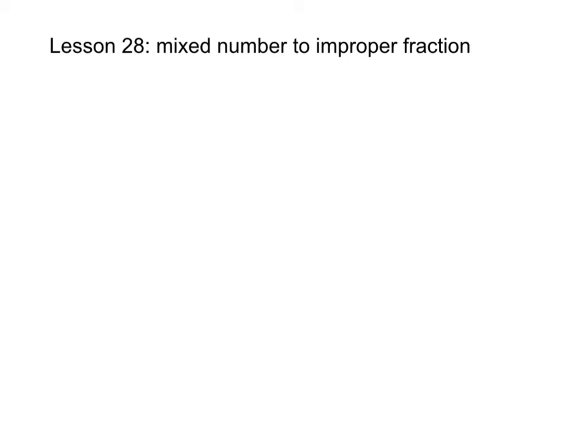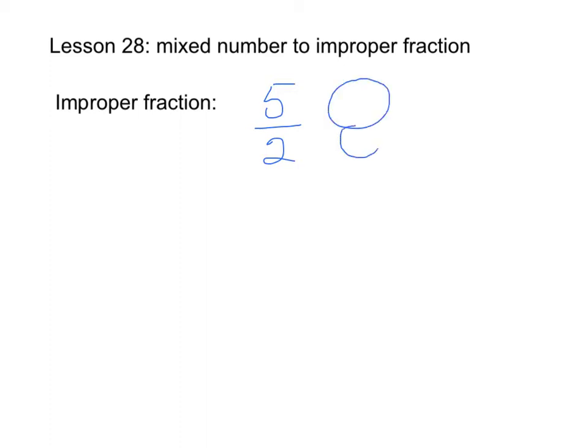So previously, in the previous lesson, we talked about what an improper fraction is and what a mixed number is. So I'm just going to do a quick review on that. The improper fraction was what we called the upside down snowman, where the snowman's body was on top of its head. He doesn't like being that way. So, improper fraction is the larger number is above the smaller number.